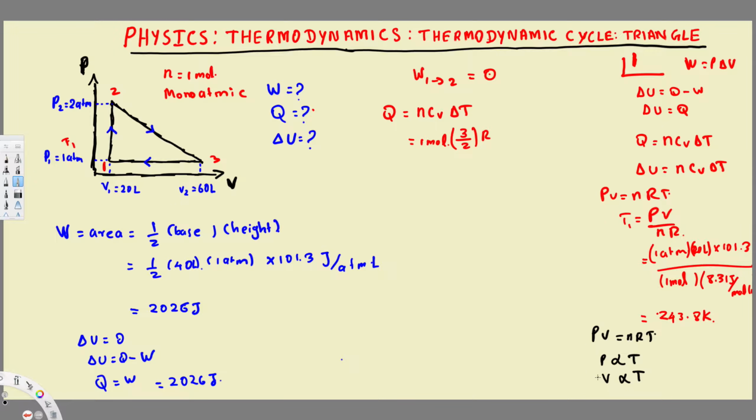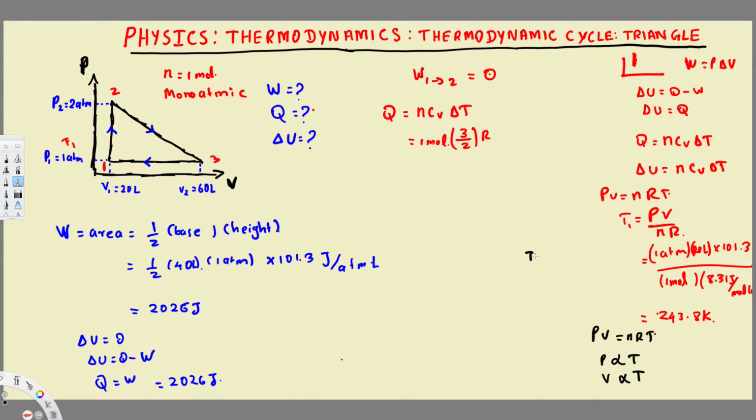If V is increased by a factor of 2, T is also going to increase by a factor of 2. So at P1 we have 1 atm, at P2 we have 2 atm. So the pressure is doubled right here. So to calculate the temperature, all you have to do is simply multiply temperature 1 by 2, and that's going to give us T2.